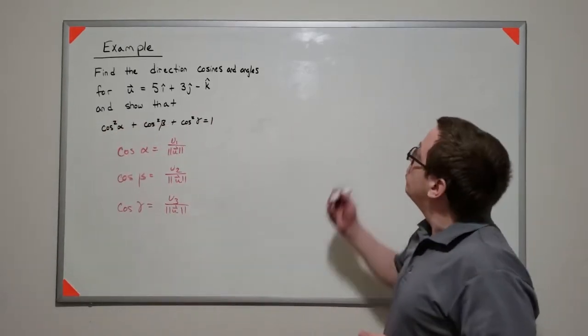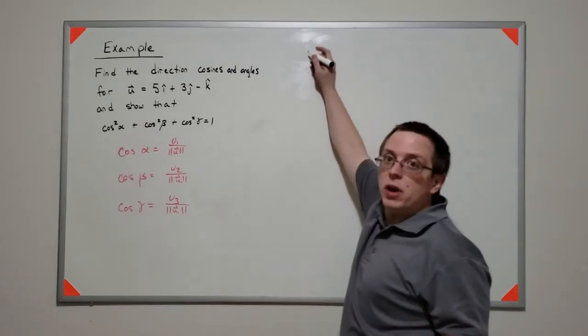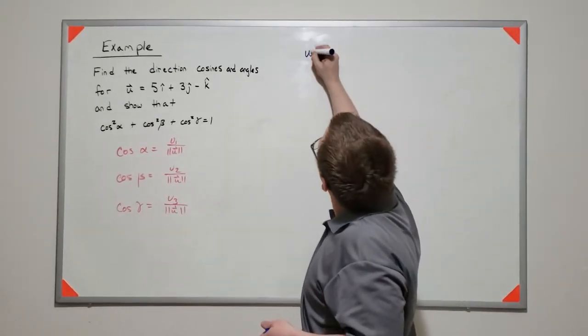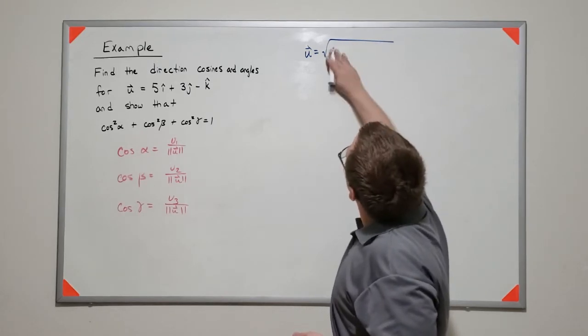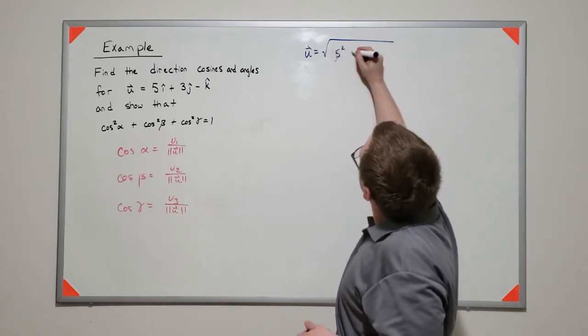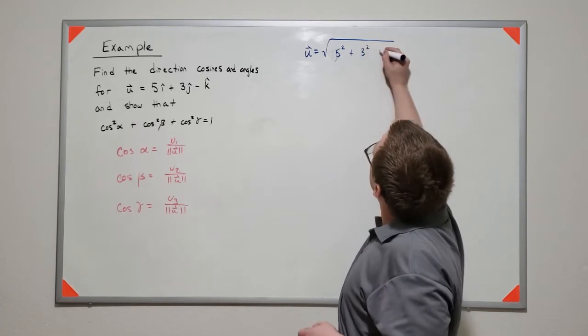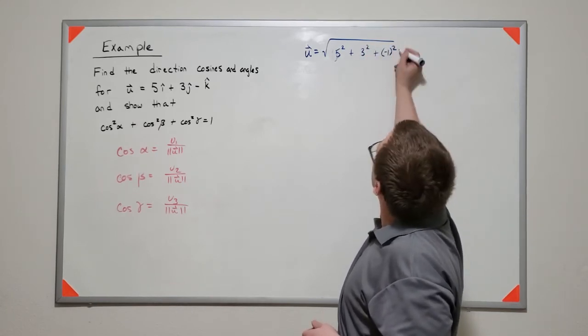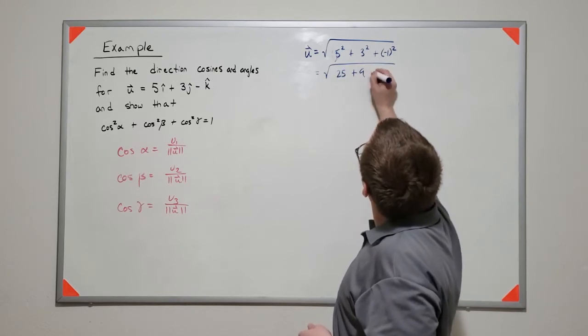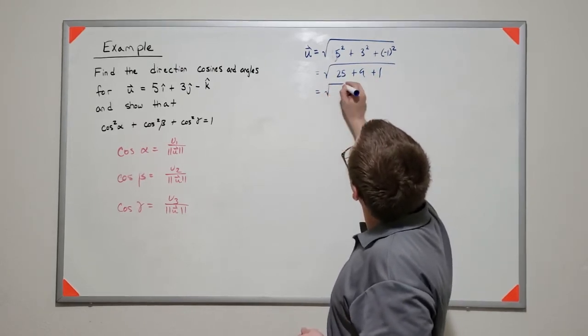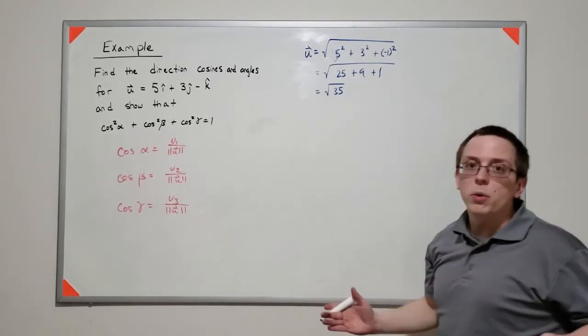To do that, we'll do it because we've done it a bunch of times already. It's the square root of each component squared, or the sum of each component squared. Square root of 35.